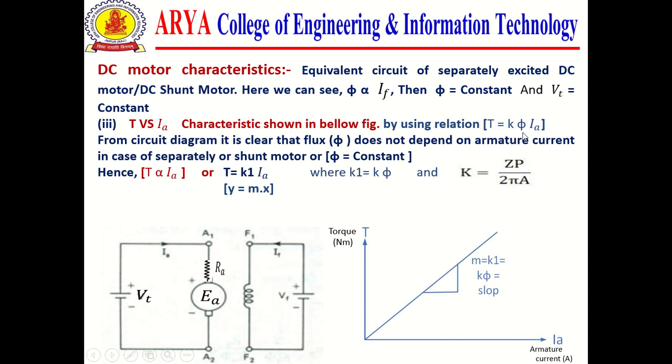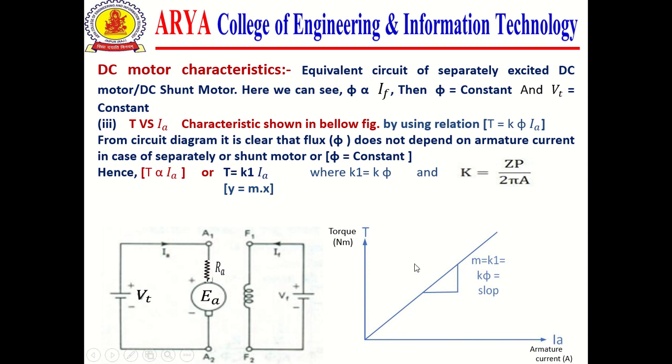Torque is directly proportional to phi into Ia. But in case of a DC shunt motor or separately excited DC motor, flux is constant. So torque is directly proportional to Ia. If we increase the armature current of the DC motor, torque increases linearly, like the mathematical equation y equal to mx.